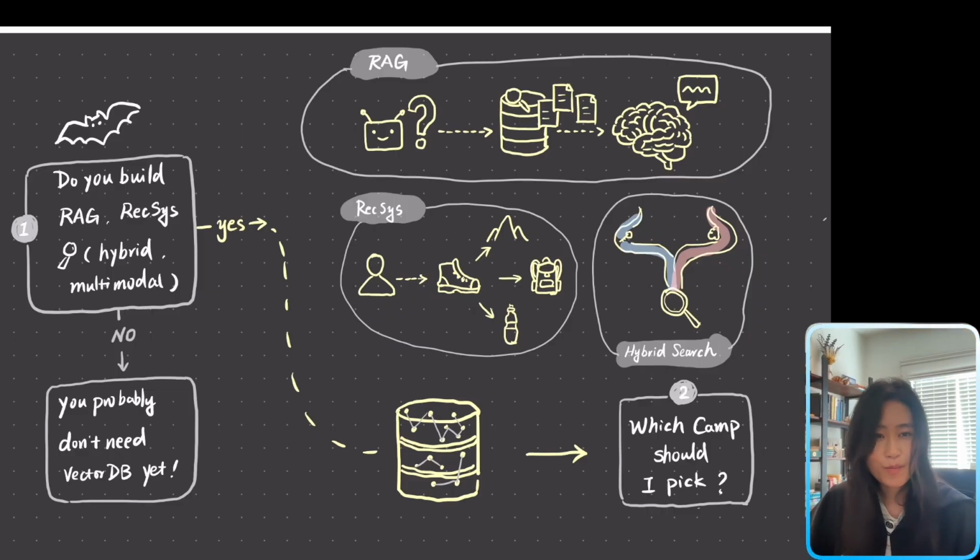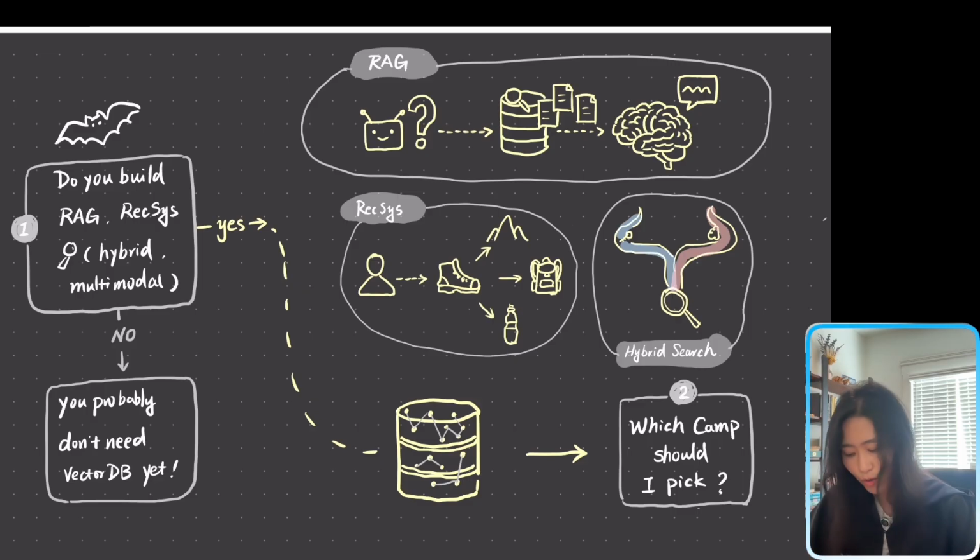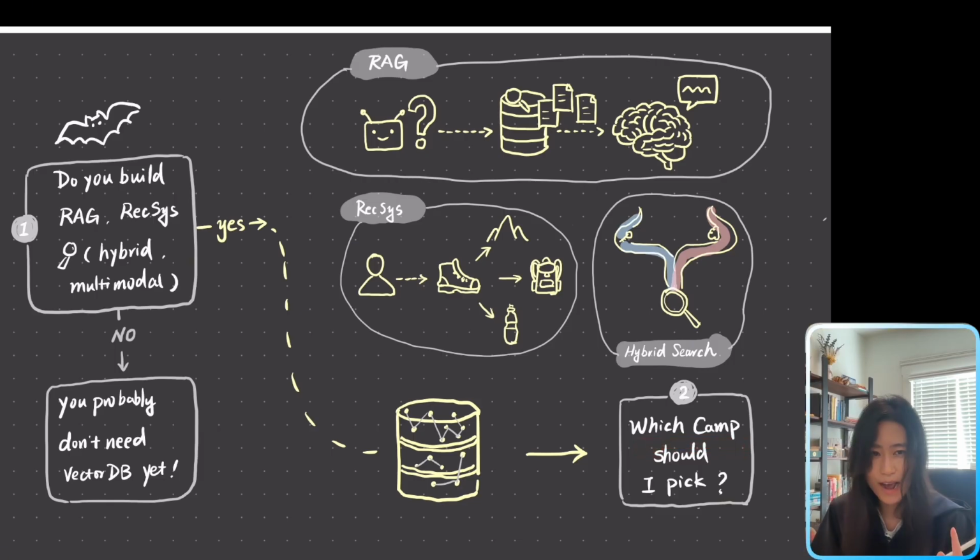Now, question number one: are you building a retrieval augmented generation system, a recommender system, or do you have a need for hybrid search? If you are not building any of those systems, then you probably don't need a vector database yet. However, if your answer is yes, then the second question to ask is which camp should I pick?